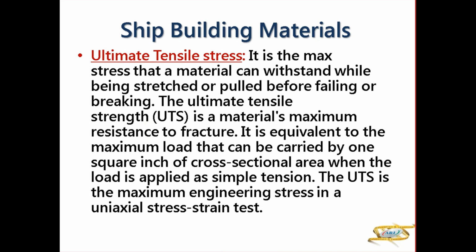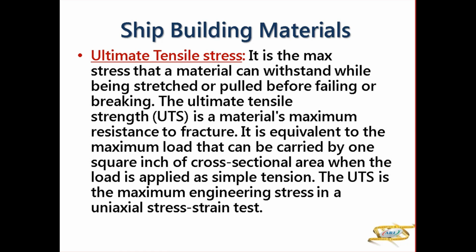Now we come to the next point, which is UTS. It's the maximum stress that the material can withstand while being stretched or pulled before it fails or breaks. The definition is that the maximum resistance to fracture of a material is UTS.